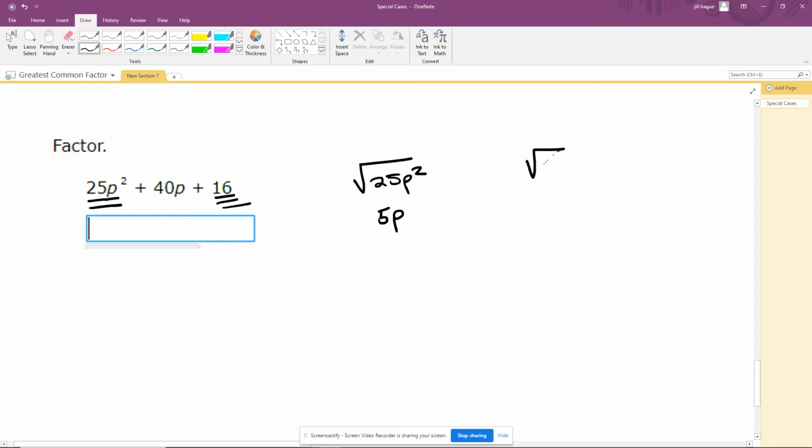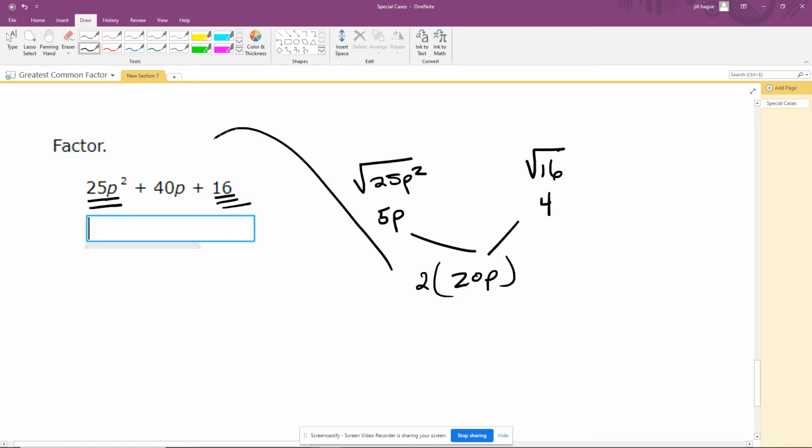And the square root of 16 is 4. Multiply these, I get 20p. Multiply that by 2, and I get 40p. So I have myself a perfect square trinomial where the a and the b duplicate themselves. So my answer is just 5p plus 4 times 5p plus 4, and you're done.